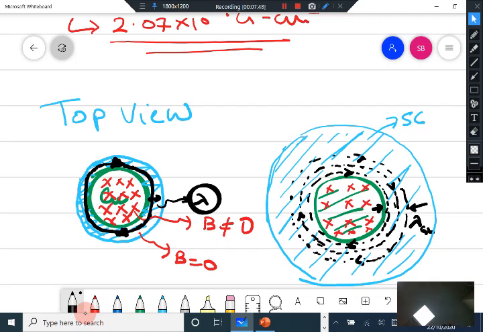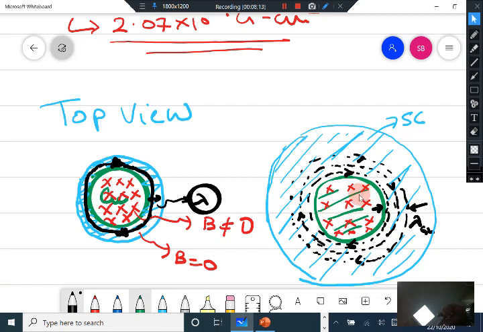Within a distance of lambda from the surface of this normal region into the superconducting region, the shielding currents will circulate so that they completely cancel out, or decay, the magnetic field in the superconducting region, and the magnetic field will be present only inside this region.